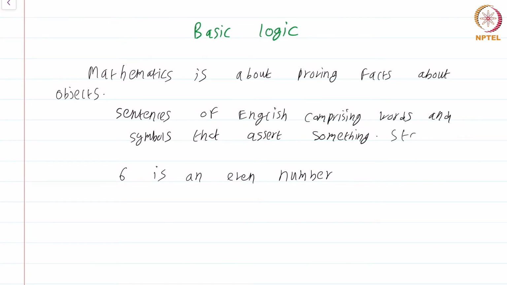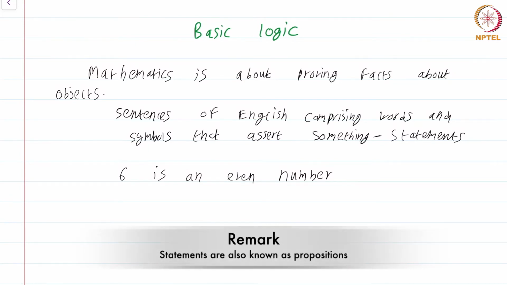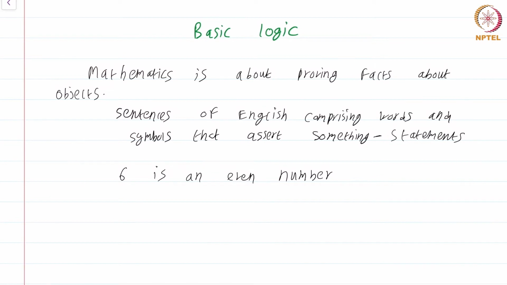Sentences that have a true-false assertion are called statements. So mathematics is essentially about proving facts about certain objects. That means mathematics is about determining the truth or falsity of statements that deal with mathematical objects. So this happens to be a true statement, as we all know.